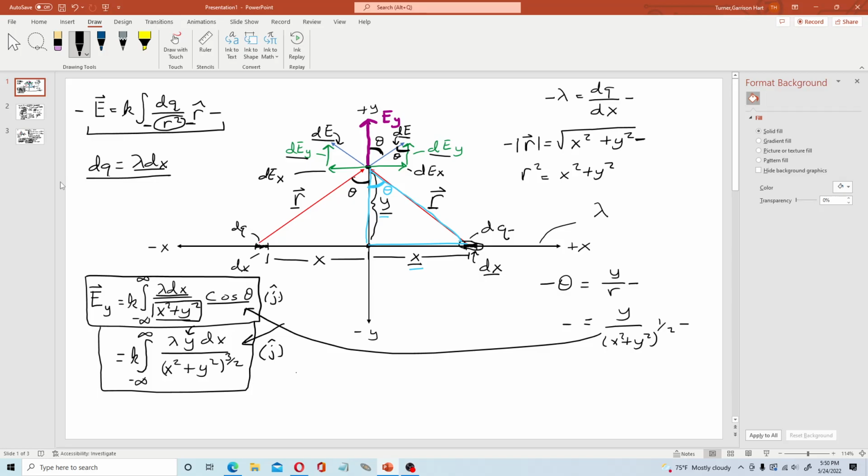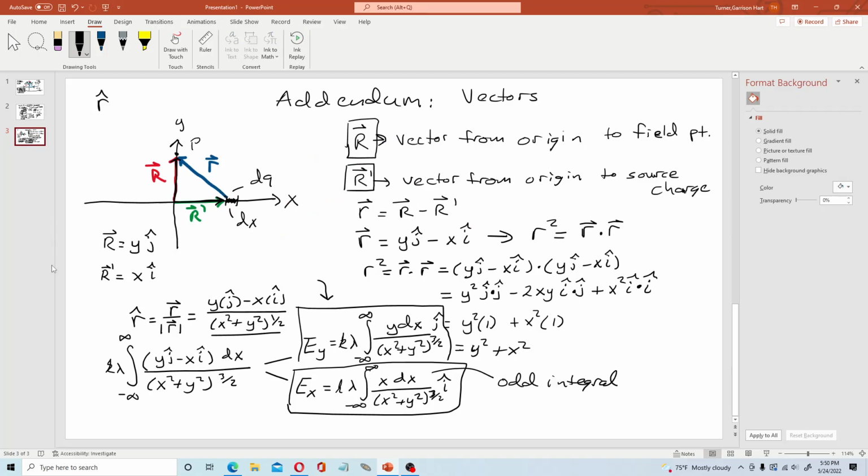just using symmetry arguments. Okay, now why do this method? Why use these unit vectors and vectors to do the problem? The reason is not all of your problems are going to be able to exploit high degrees of symmetry, and this method will allow you to at least get to the integral for any situation.